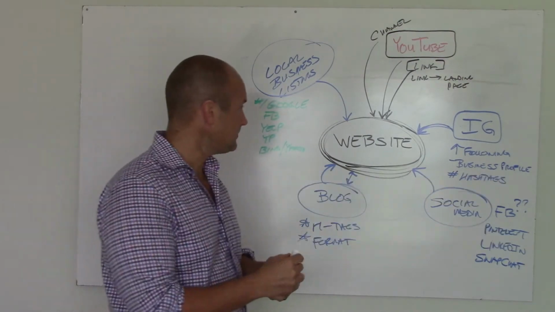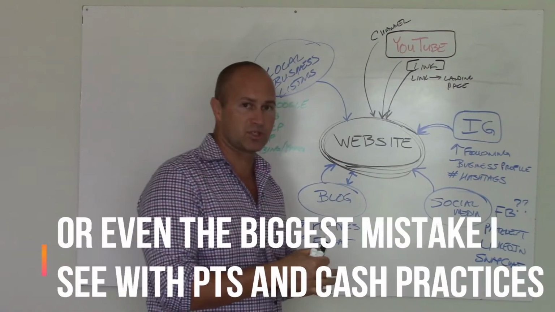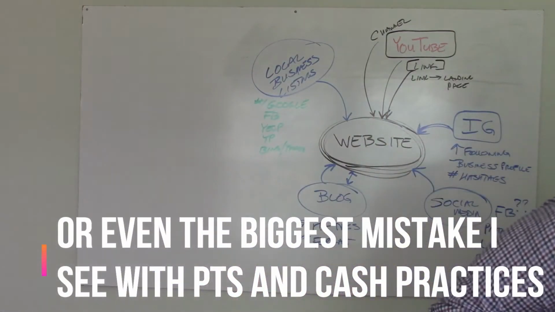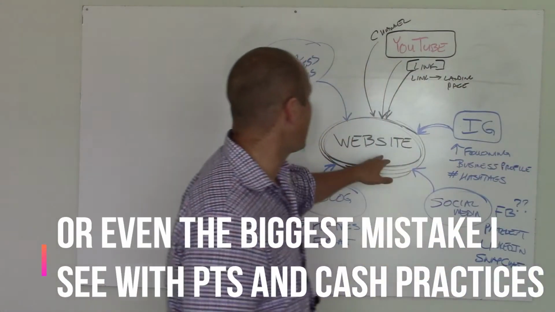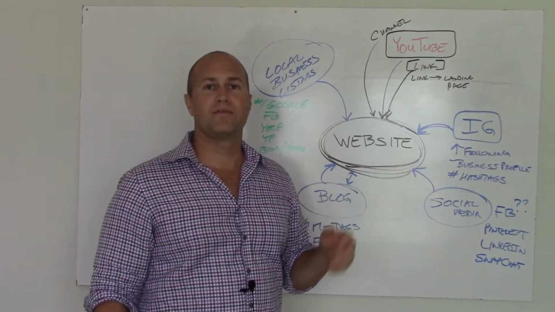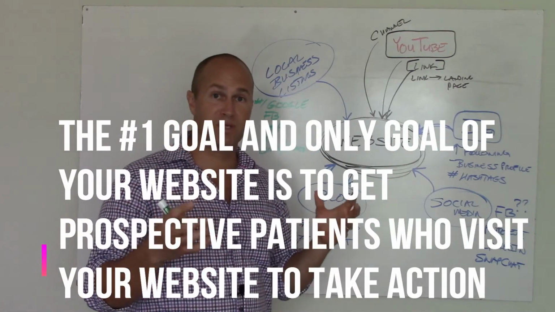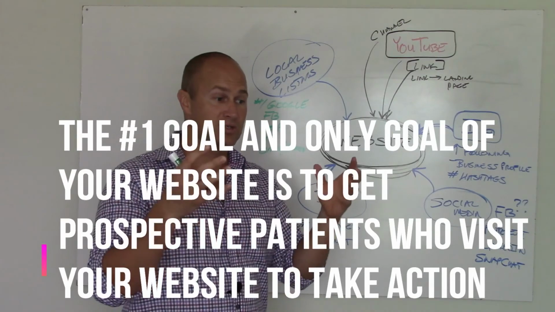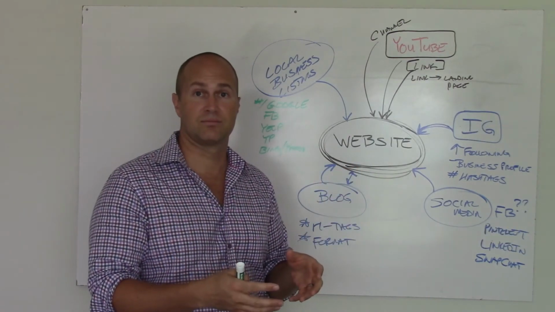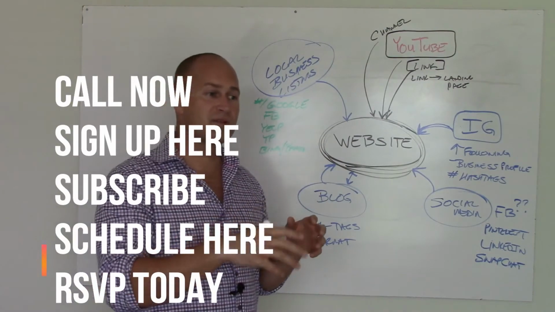Now, one of the most common mistakes that I see in people just starting out cash-based clinics is their website. You have to fix this. The number one and only goal of your website is to get prospective patients visiting your website to take action. Call now, sign up for this form, sign up for this ebook.